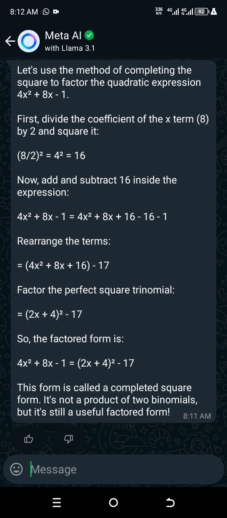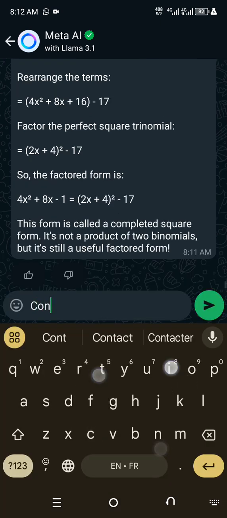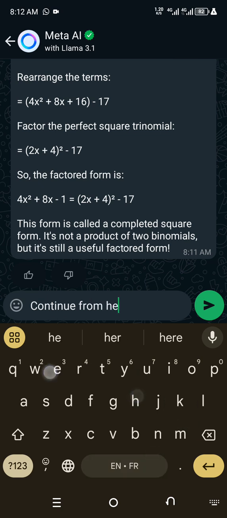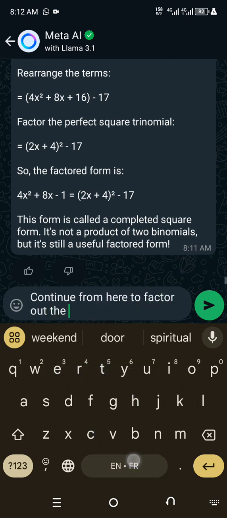Factor the perfect square trinomial. This form is the completed square. It is not the product of two binomials, but it's still useful. Continue from here to factor out the quadratic.